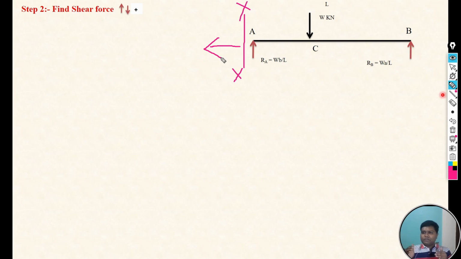But as per my suggestion, for a simply supported beam, always start your calculation from left to right. Do that practice, so you will not get confused. That's why we need to focus on the left of that particular section.